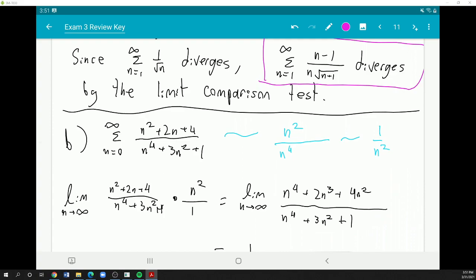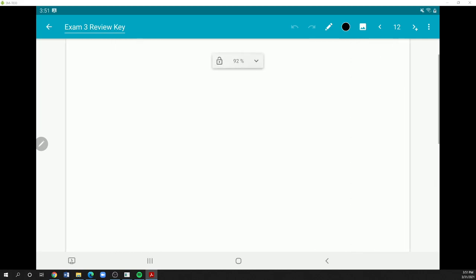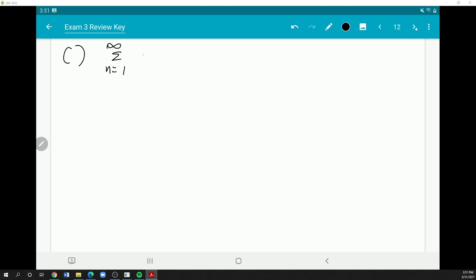So now we look at part C, the sum n equals, this is another one that should start at 1, of natural log of n over n cubed. Here I could try comparing it to something.